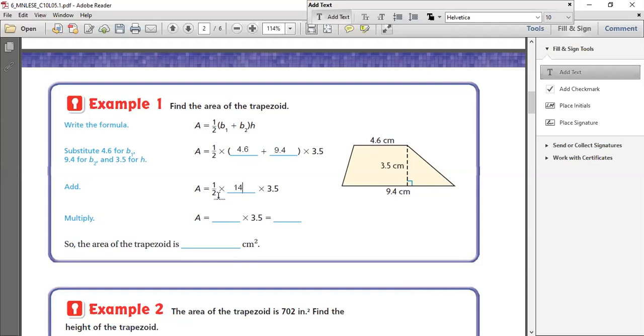Just choose which is easy for us to do. Half of 14 is 7. So 7 multiplied by 3.5 is going to give you 24.5 square centimeters.